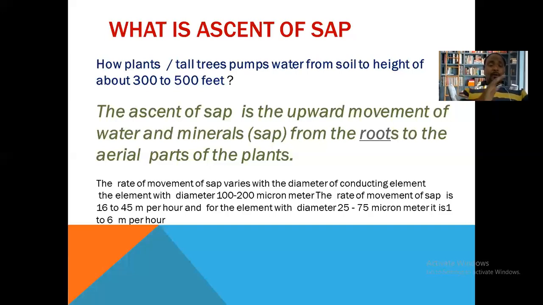Getting it? Now, the rate of the ascent of sap, or the rate of uplifting of this water to the different aerial parts, is different in different plants, isn't it? Now, who decides this rate?